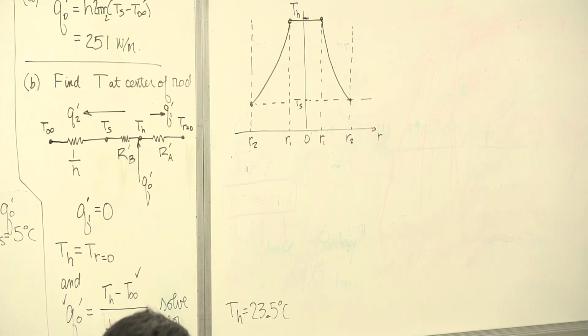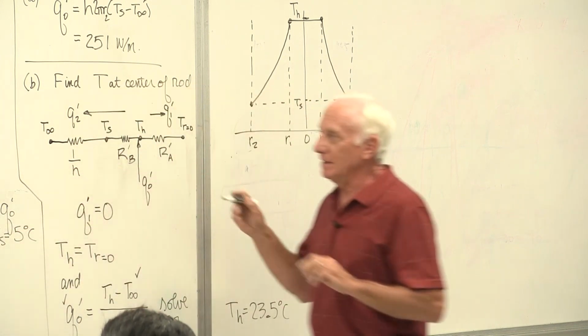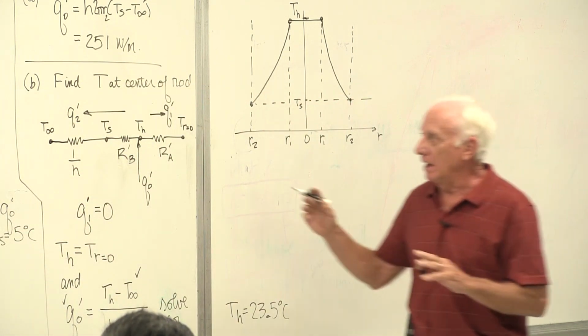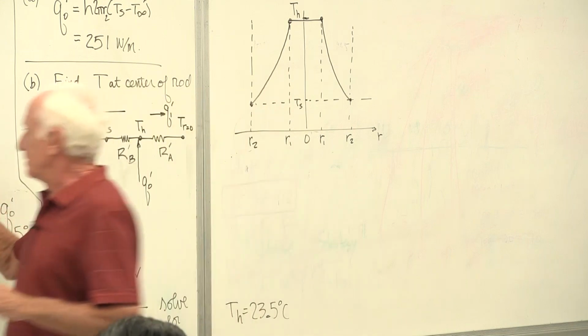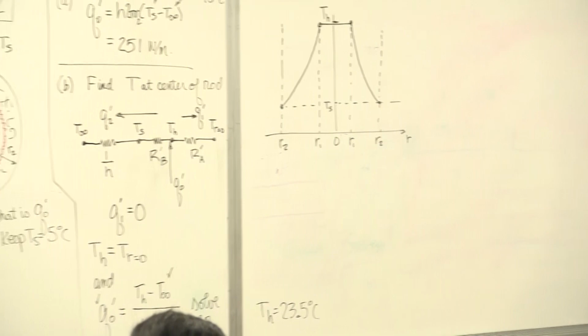Explain why it's flat out. Yeah, because no heat can come in, so the temperature here is the same as it is here. If there's a difference in temperature, guess what happens? What drives conduction heat transfer? A difference in temperature.